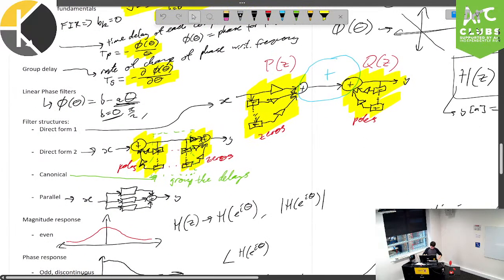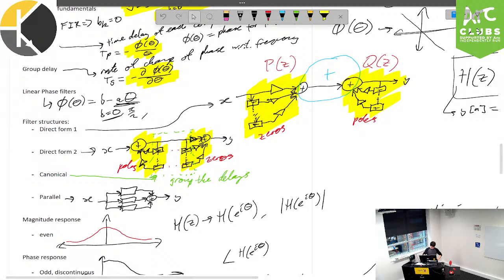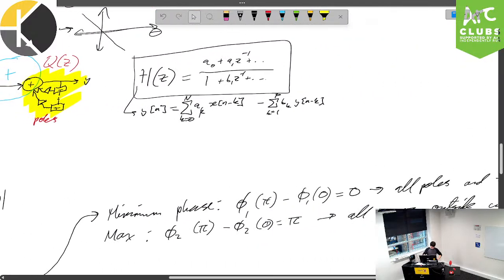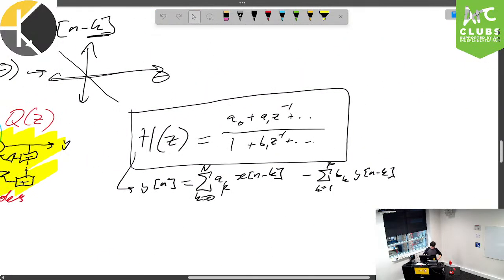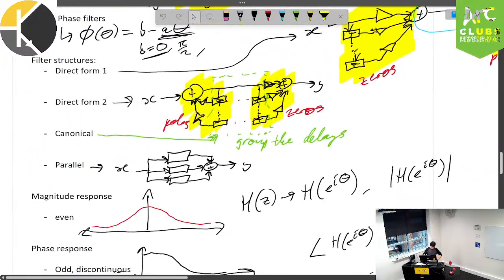Anyways, parallel form, we get the summation of different transfer functions, which can be very useful for breaking our circuit down into lots of smaller, more manageable circuits and such. And the way that we typically describe these is by having partial fractions divide our bigger transfer function into lots of smaller transfer functions. Okay? So we'll just make a little note there.